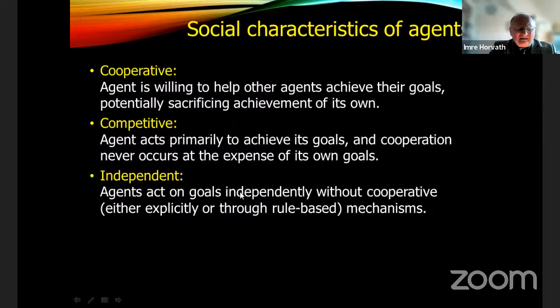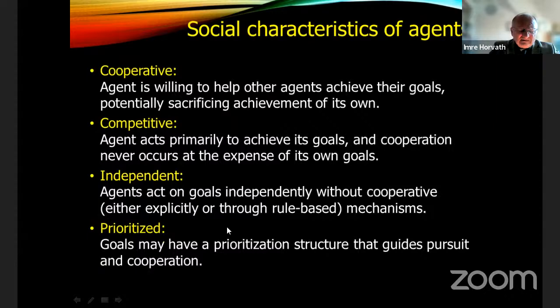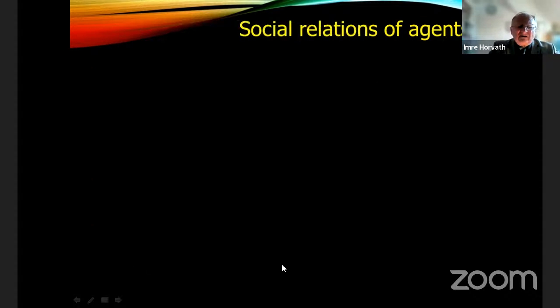Independence as a social characteristic means that the agent acts on goals independently, without cooperation either explicitly or through rule-based mechanisms. The agent behavior can be prioritized, which means that goals may have a prioritization structure that guides pursuit and cooperation.